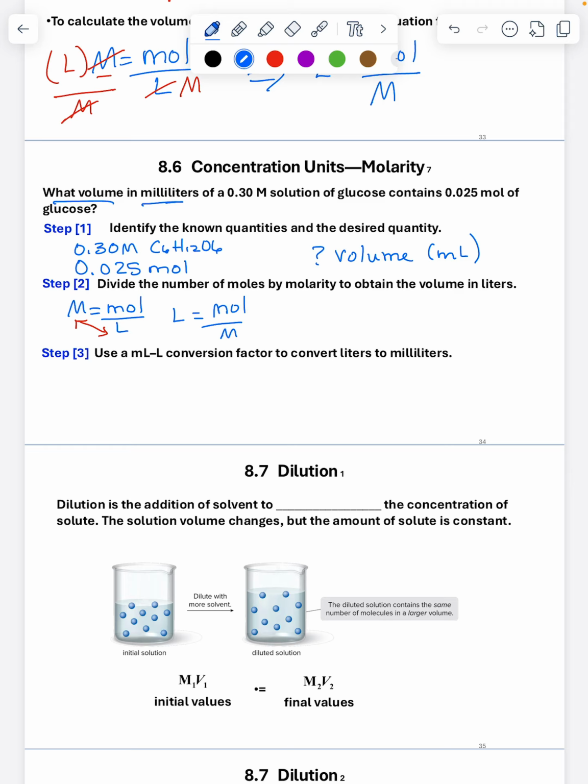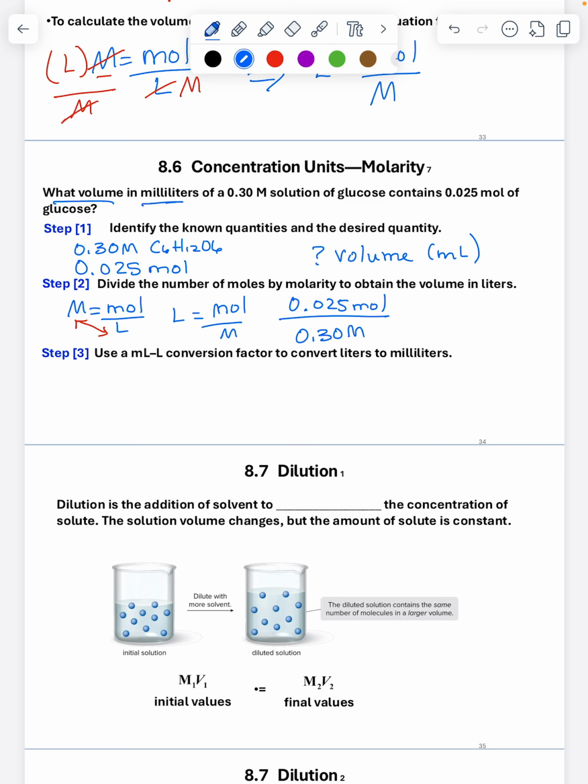And maybe it would be best to write molarity as mole per liter, and that way you can see that the moles actually cancel and liter is left, and that's going to give us 0.083 liters.